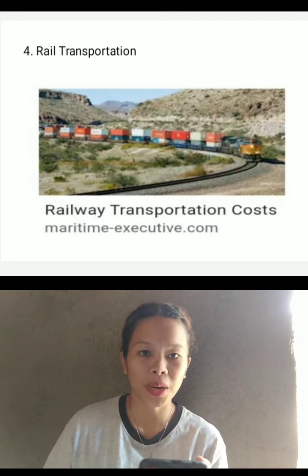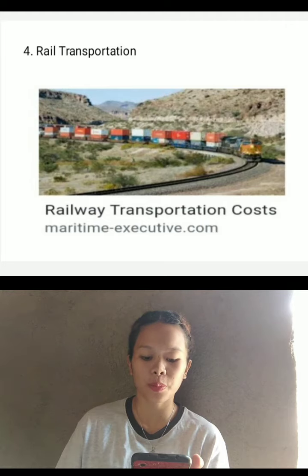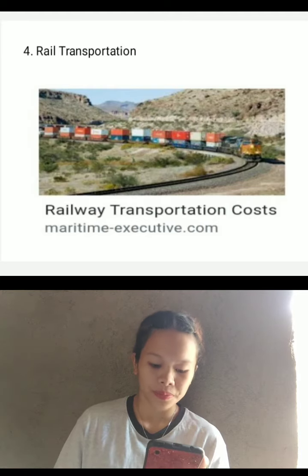In modern practice, rail is used more exclusively for the largest and heaviest payloads, bulk cargo traveling across land.